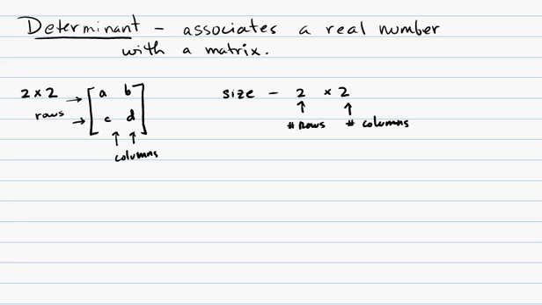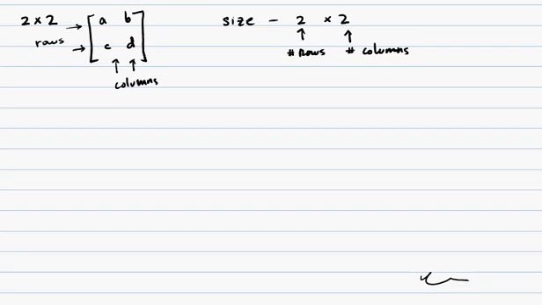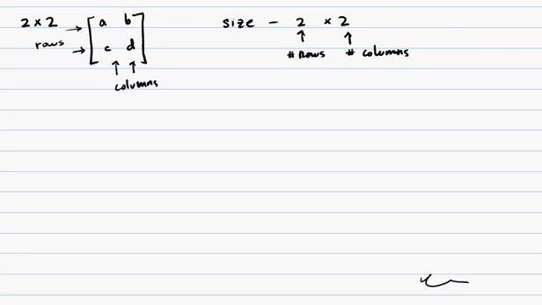So in this class, as I mentioned, we'll work with 2 by 2s and 3 by 3s, or determinants of those. So let's speak in general about the determinant, and then we'll go back and do a couple of examples. So if I'm looking for the determinant of a 2 by 2 matrix, for example, then I'm going to use these straight bars to symbolize determinant.